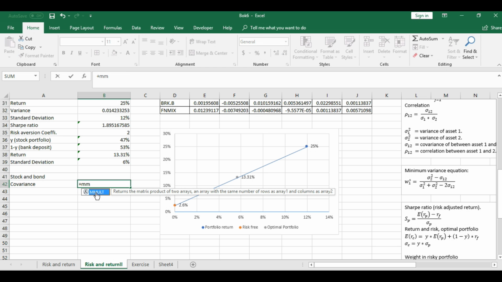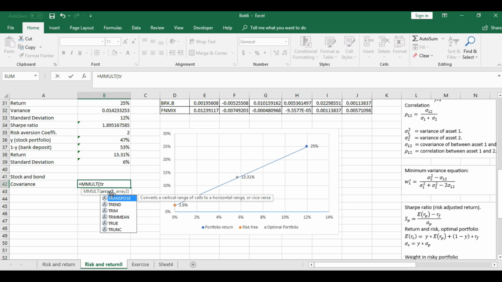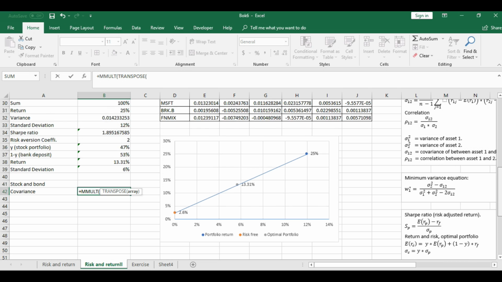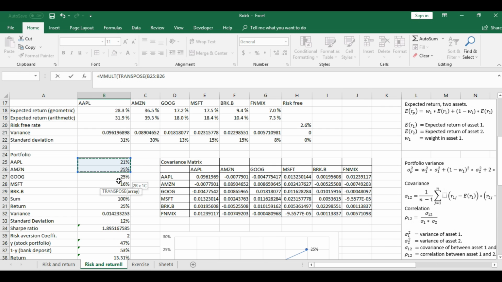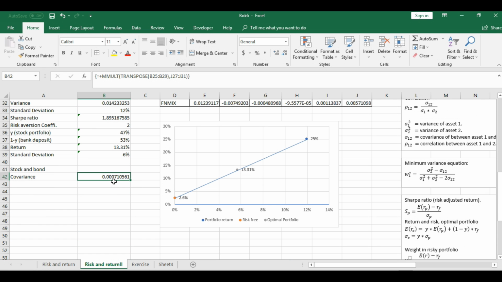So MMULT, we transpose this area and multiply with these 5 rows, and Control Shift Enter, and there.